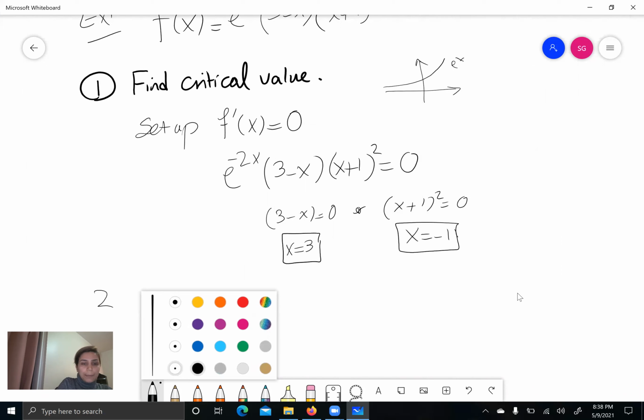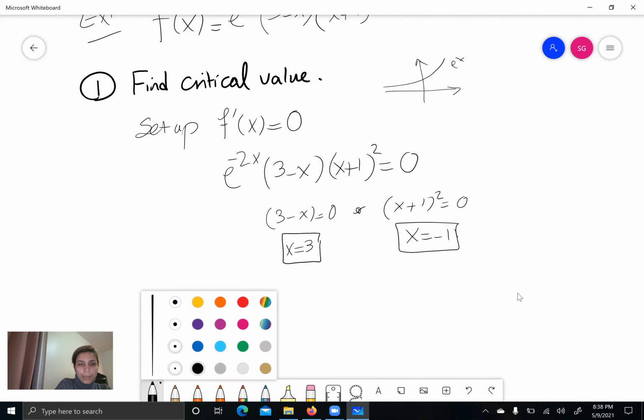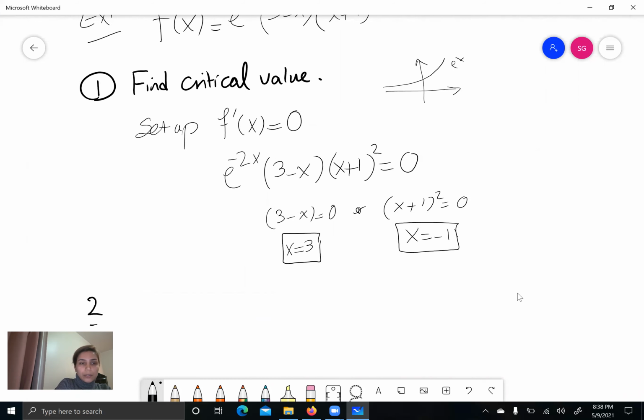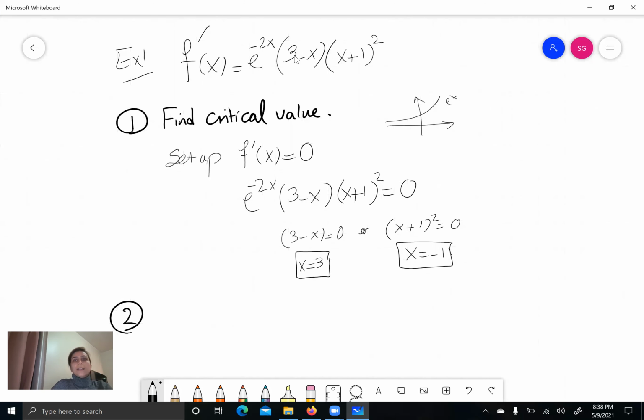The second step. After we find the critical values, again, what are the critical values of a function? Any value where the derivative doesn't exist, and here the derivative exists, and any value that makes the derivative 0. In this example, the x value 3 and x value negative 1 make the derivative 0.